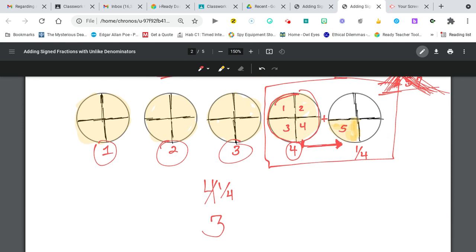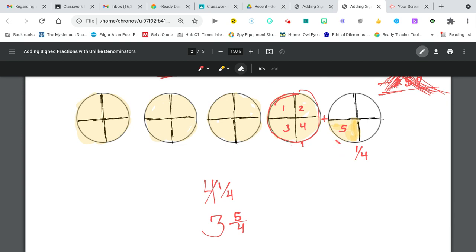So when I take one of the 4, instead of having 1/4, now I have 5/4. So let me go back over it just to make sure we understand. I don't want anybody to be confused.